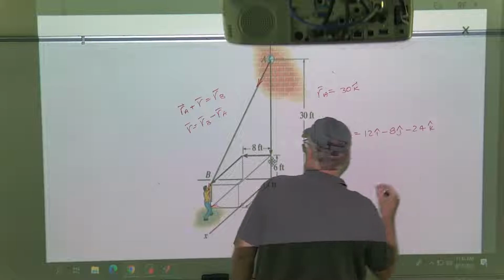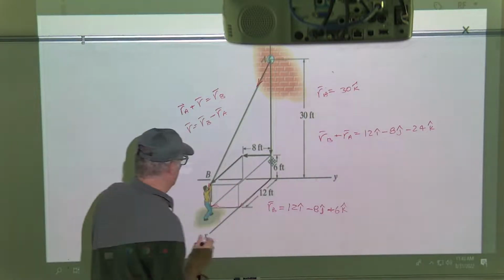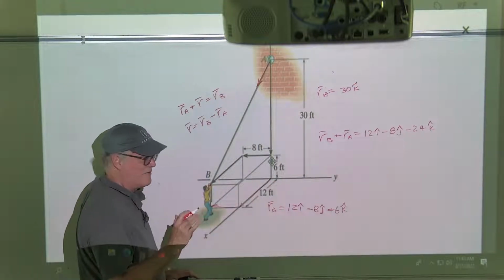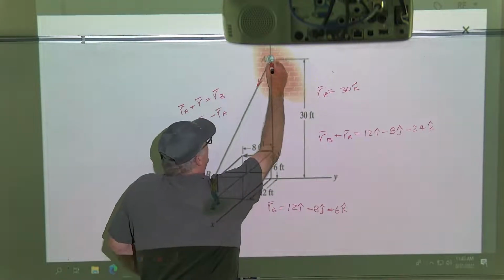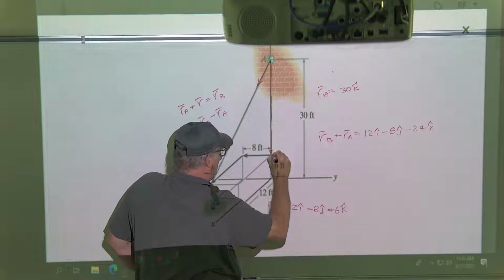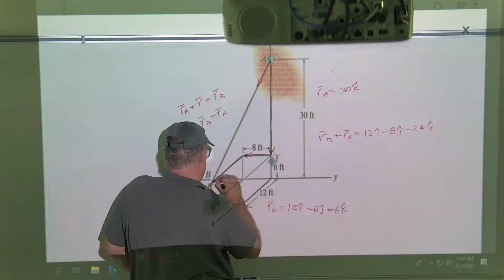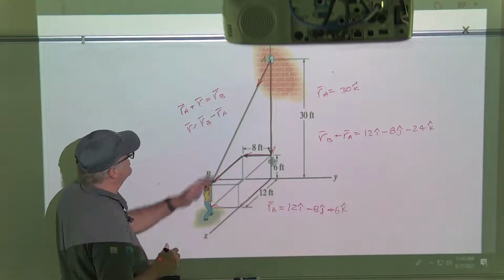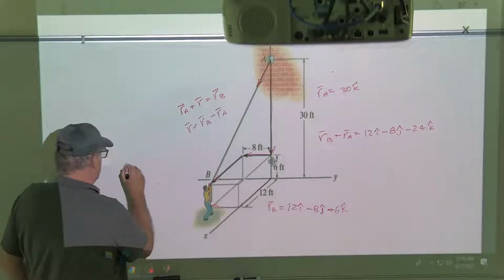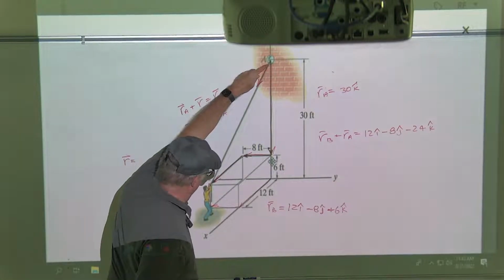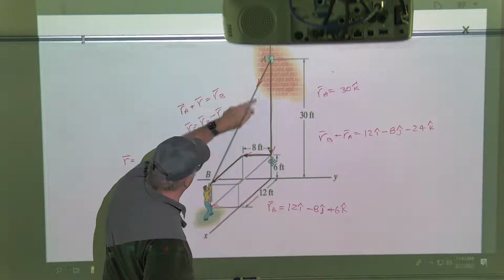Now, the other way you can check this is a different way of doing it. I'm going to go down to this vector, and then I'm going to go to here, and then to here. If I just wanted to do that vector R, what I'm doing first is running backwards, in the opposite direction.